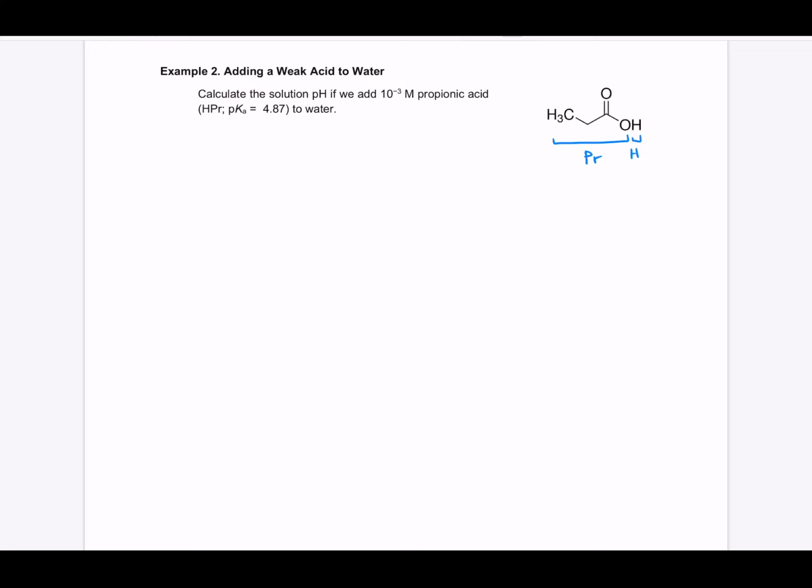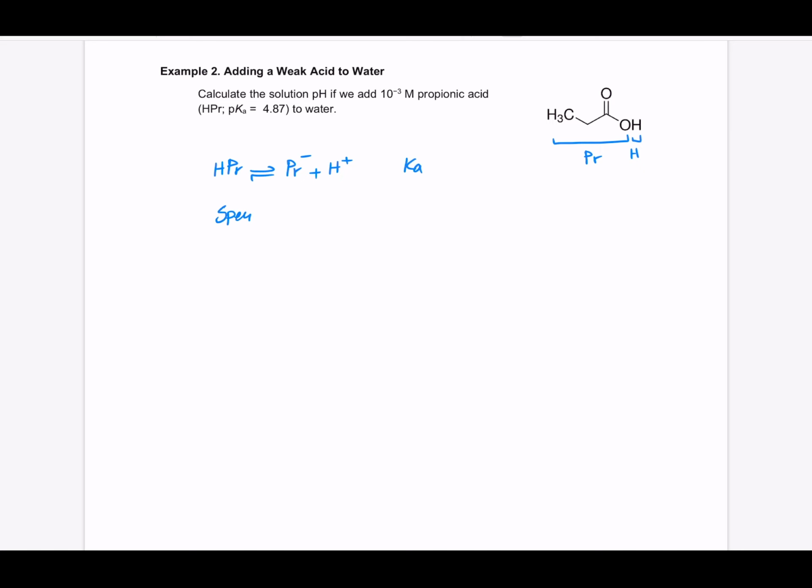So first we elaborate on all the reactions that might introduce a new species. And in this case, it's basically the acid-base reaction, which is an equilibrium of PR minus plus H plus. Again, that PR minus is this part of the molecule. And this Ka is describing this reaction.